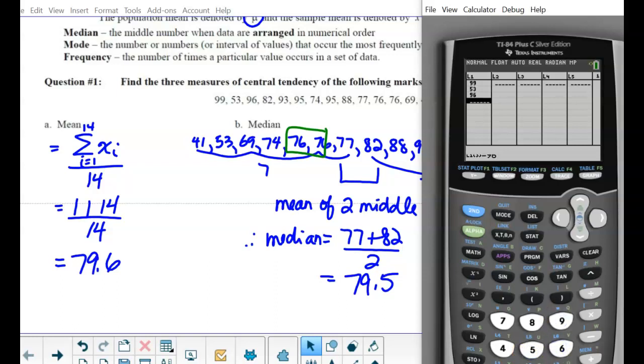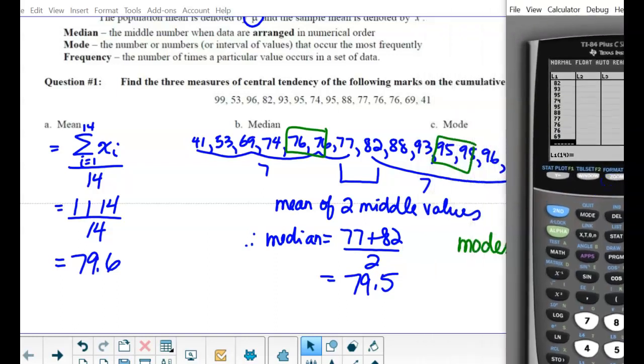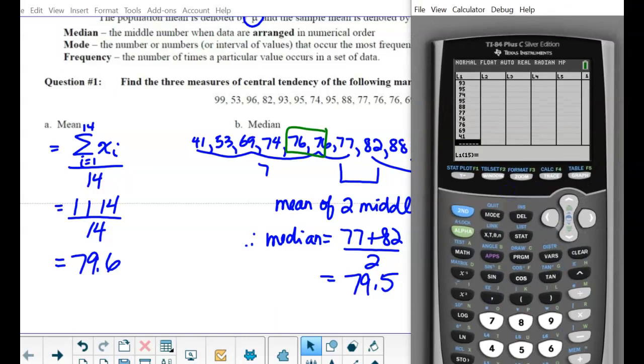I was mixing up the original and the blue list. There we go.